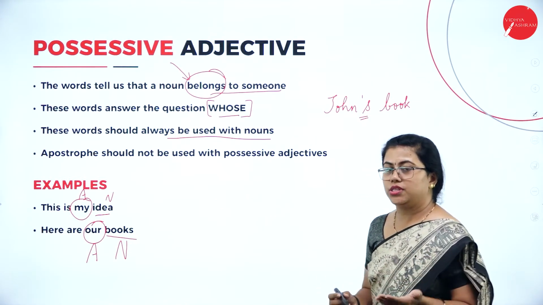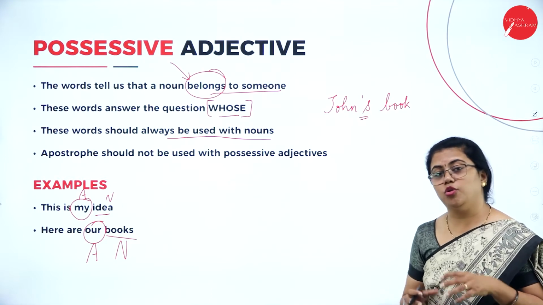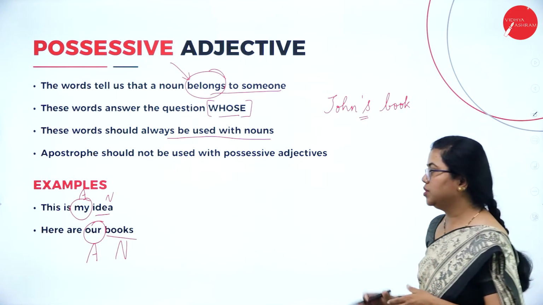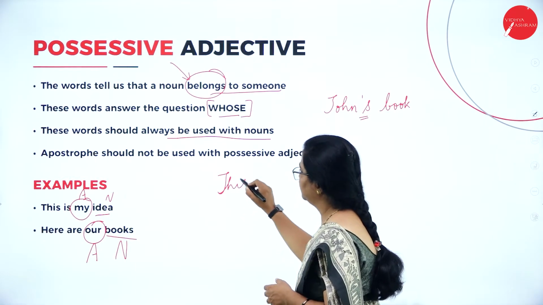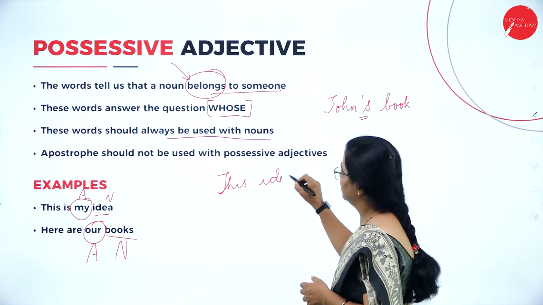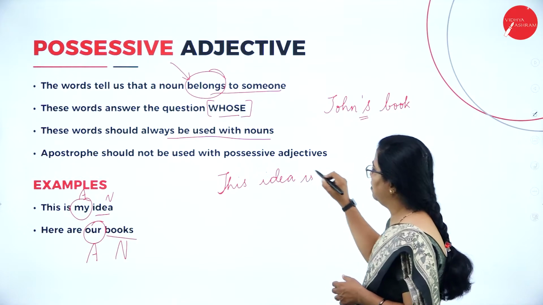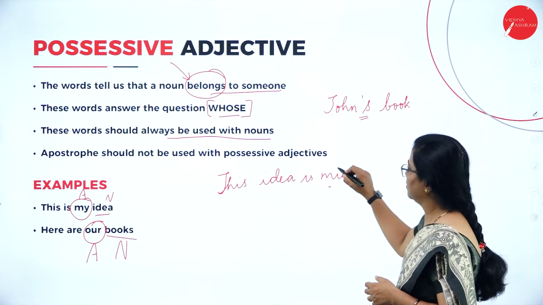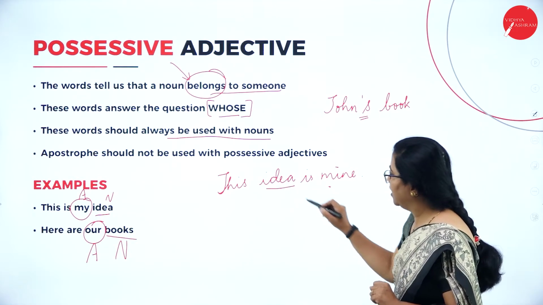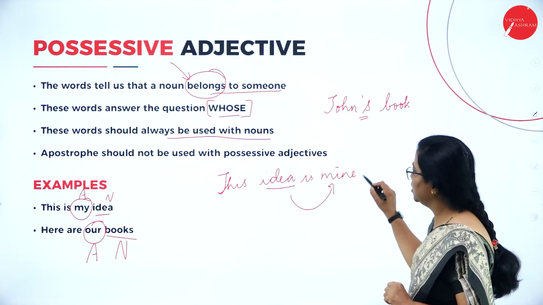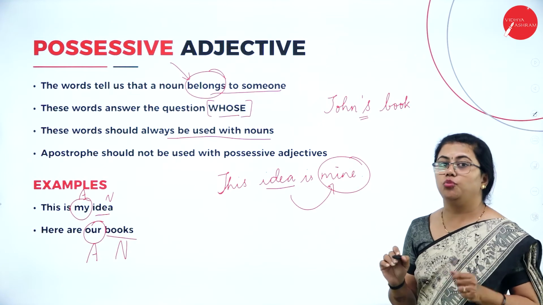Fine. Suppose you use it in this way. You might get confused when you use sentences like this. For example, this idea is mine. Suppose you use it this way. You may feel that this idea belongs to me. So mine is an adjective, you may feel.